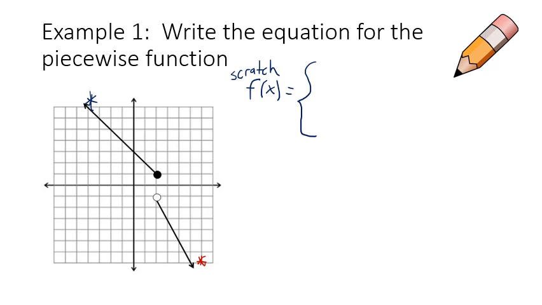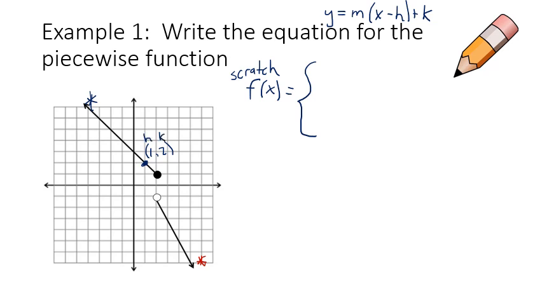Remember my translated form, y equals m parenthesis x minus h plus k. I'm going to choose, go right here, I want this to be my h comma k. So that's 1 comma 2. We've got h and k.